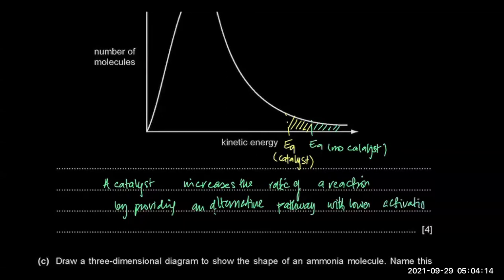Now because it's 4 marks, you should expand on this a bit. You will also say lower activation energy means that there are now more molecules that have energy greater than the activation energy, right?